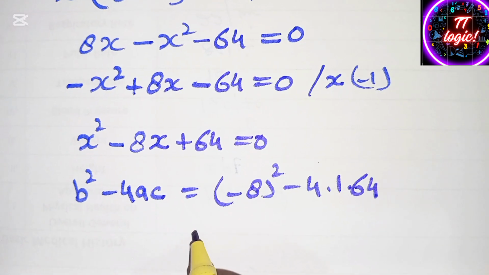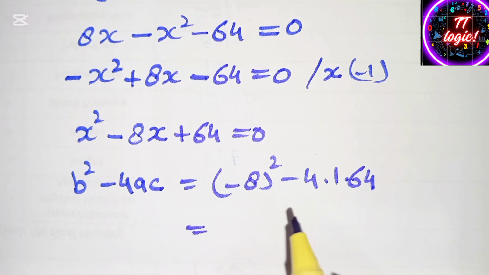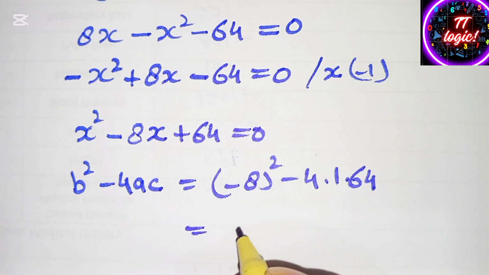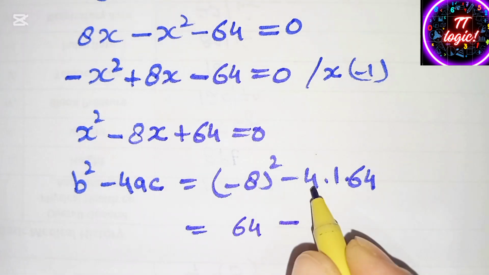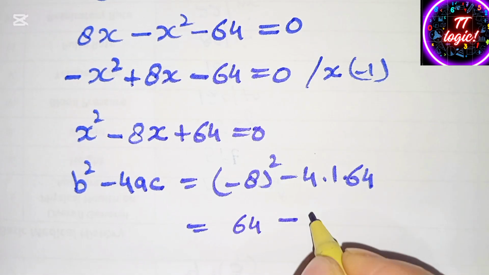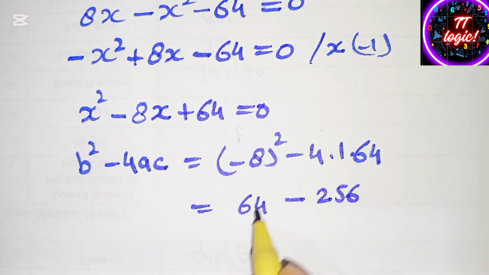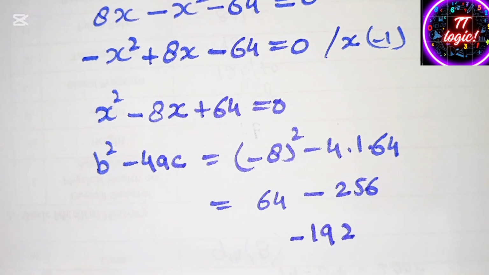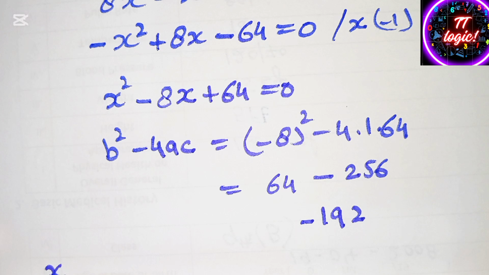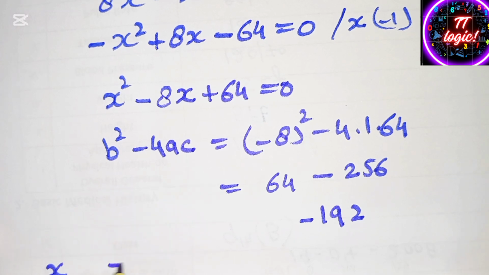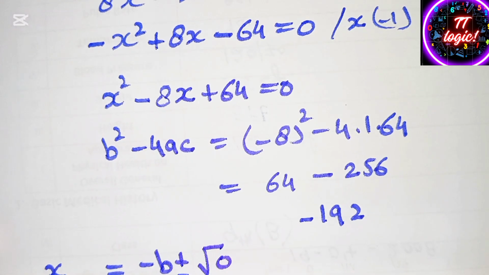Now 8 squared is 64, then minus 4 times 1 times 64 is 256, and subtracting gives minus 192. Now the two values of x, x1 and x2, are equal to minus b plus minus square root of the discriminant, over 2a.